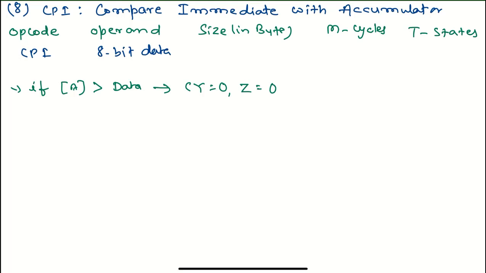So the carry flag will be reset, and the result of this subtraction will be positive, that is non-zero. That is the reason the zero flag will also be reset.